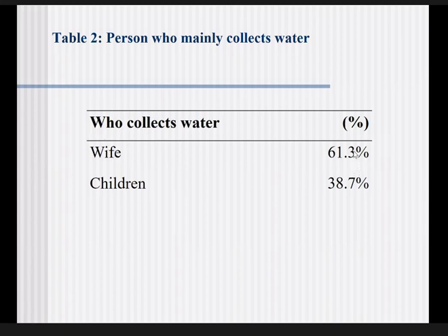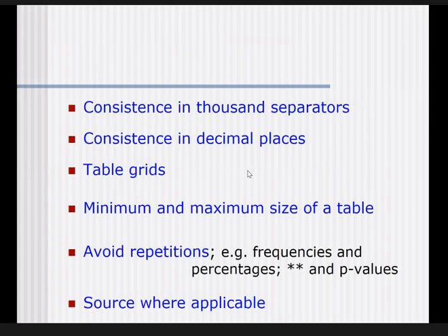if the wives constitute 61% and the others constitute the rest, then I can say it has one row. But anyway, these are two, but still they don't make a good table. So these rows are too few for a good table.